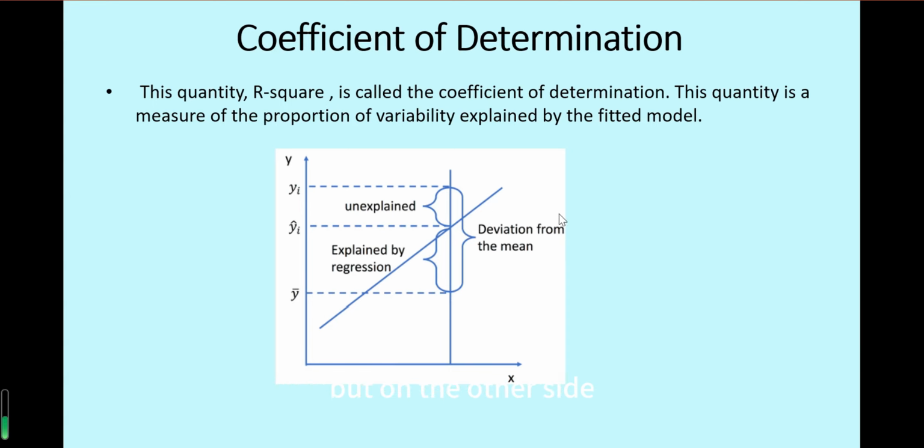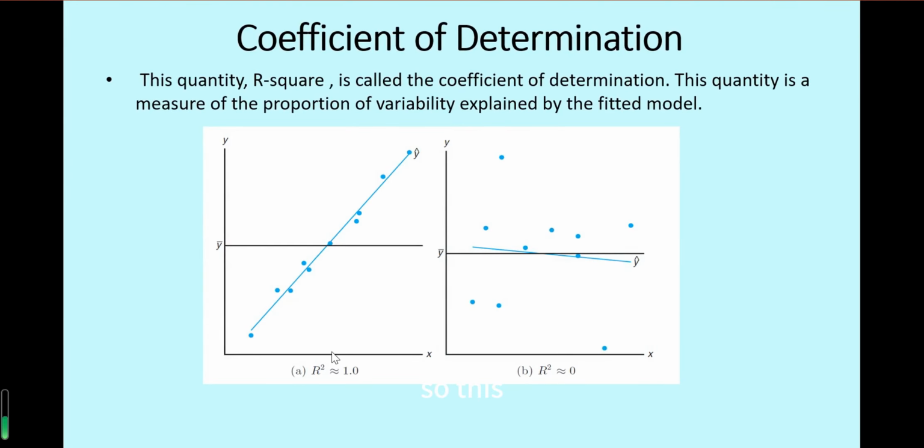But on the other side, if the error term is very big, only a very small part of the variation of the y variable is explained by the model. So it's a very bad model. This figure shows two kinds of model. So this is the y bar, and the points are the y observations, and this is the fitted line.